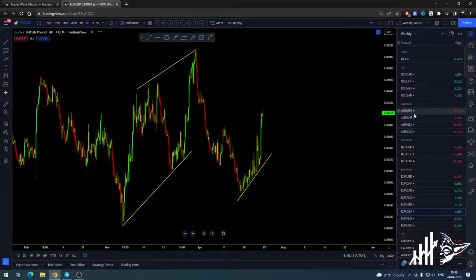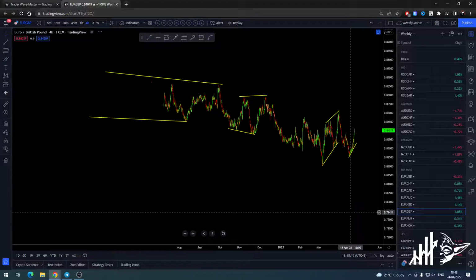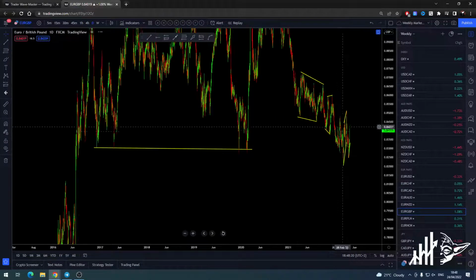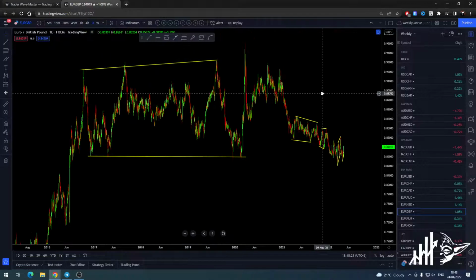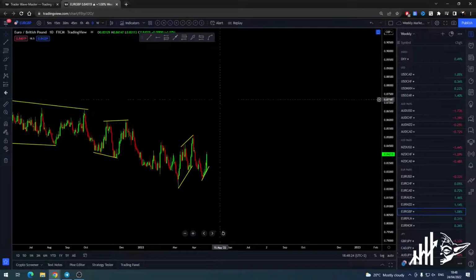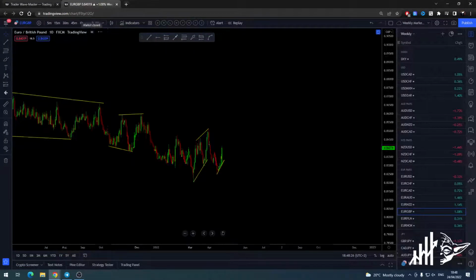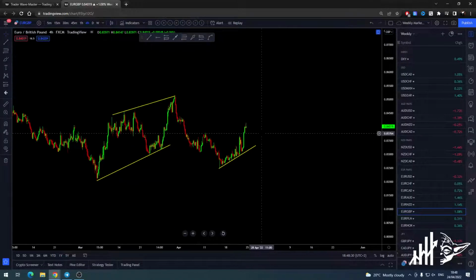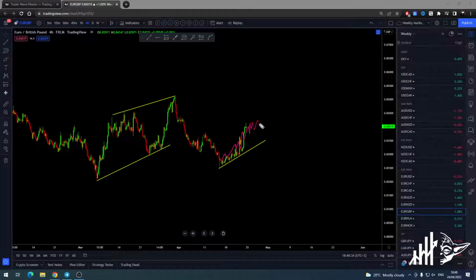Euro GBP. I think this one could still go lower. That could just still be in the correction. I don't think this is going higher. We didn't even break the low.